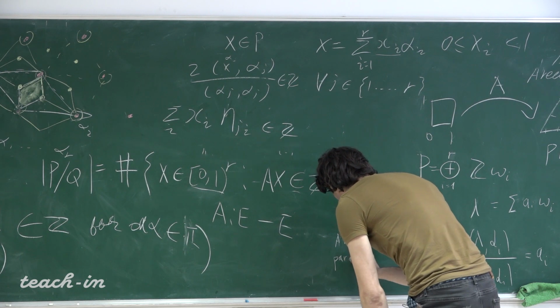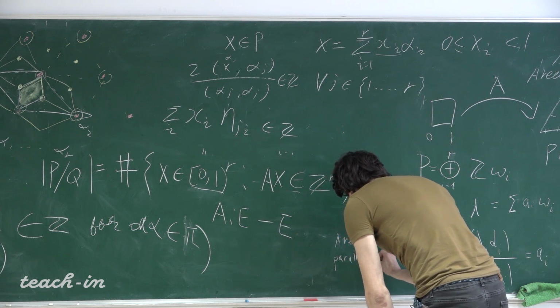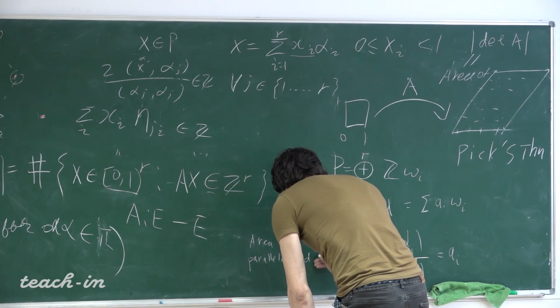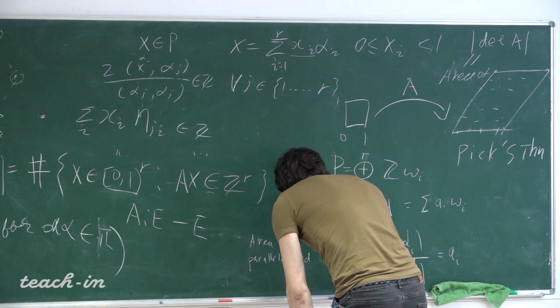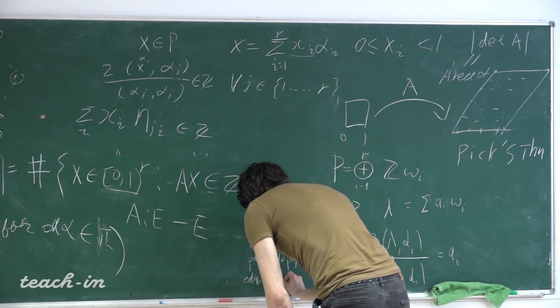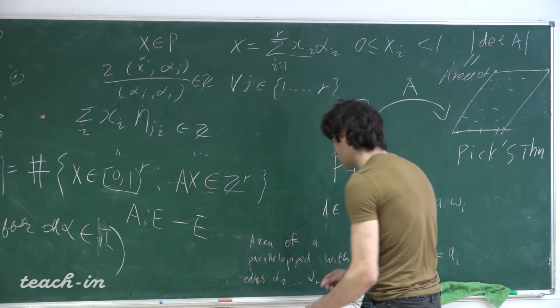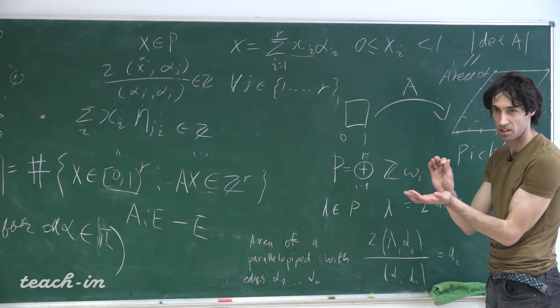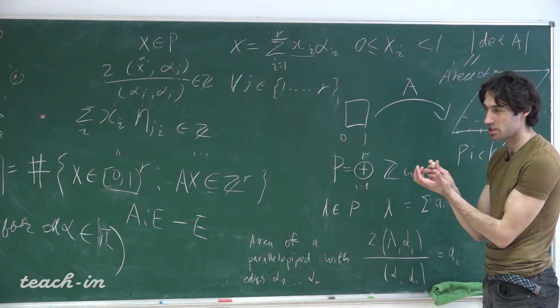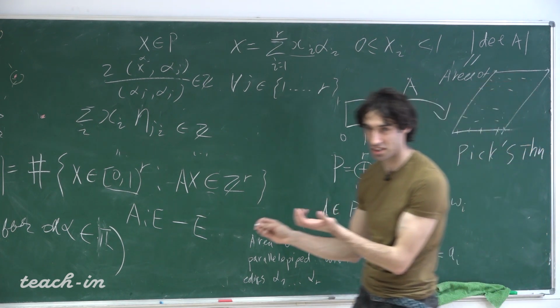The parallelepiped with edges alpha 1 and so on alpha r. But again, area in which units? So the unit of area here is the parallelepiped which is spanned by omegas that I introduced.